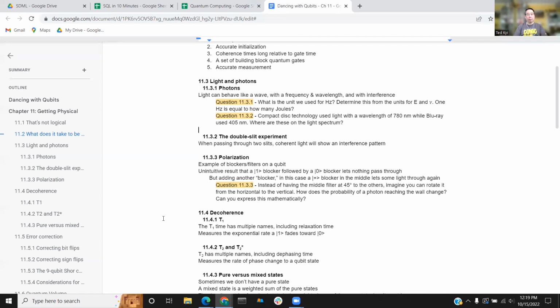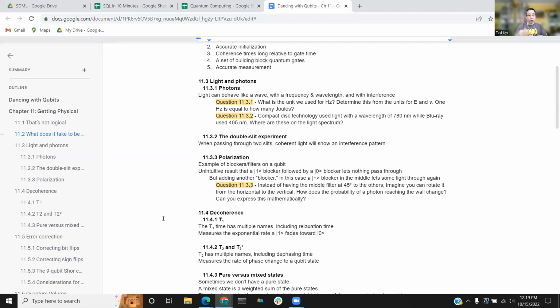It doesn't even matter. But the idea is that if you pass a beam of light that's all initialized to the same value, and let's say you build some kind of filter, some kind of blocker, that completely blocks ket 1. All right.